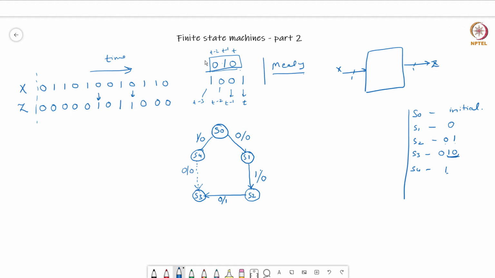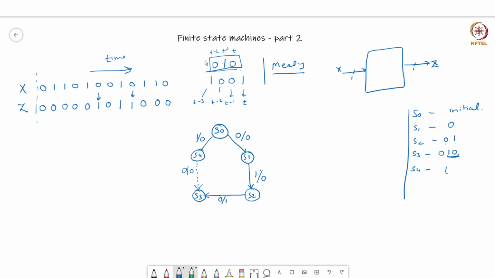Now to understand this, let us look at these input sequences and patterns which we would like to match. Let's write that in green.